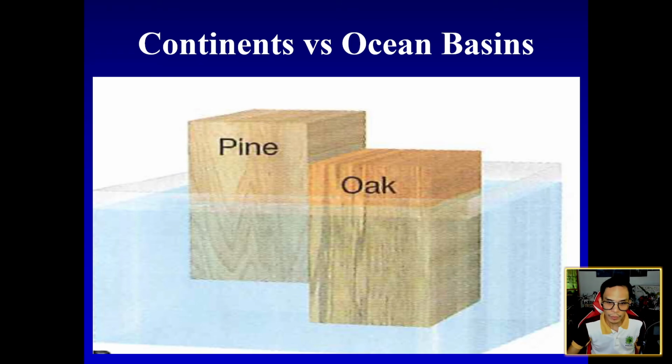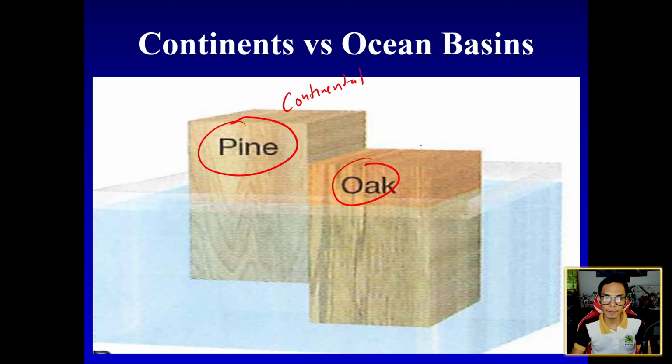So, this is your continental crust, and this one is your oceanic crust. Again, the basic idea here is if an object is less dense, it will float higher on a fluid. So it will float higher, just like what you have seen a while ago. So that's the reason why ocean basins will never be shallow.